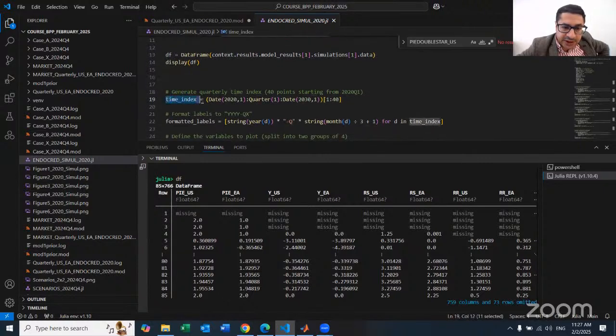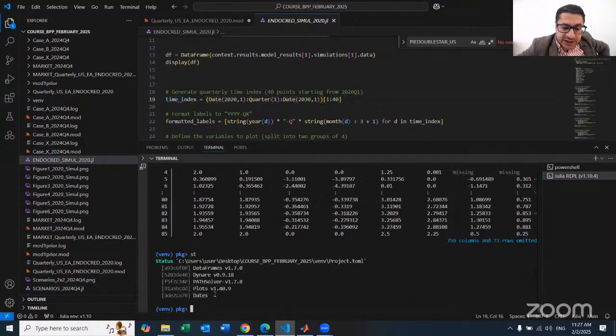we call time index, and here we are using the date package and saying create some timeline which we will further use to create the x-axis of time based on quarterly frequency, starting from the first quarter of 2020, going quarter by quarter, by 1 quarter, up to 2030.